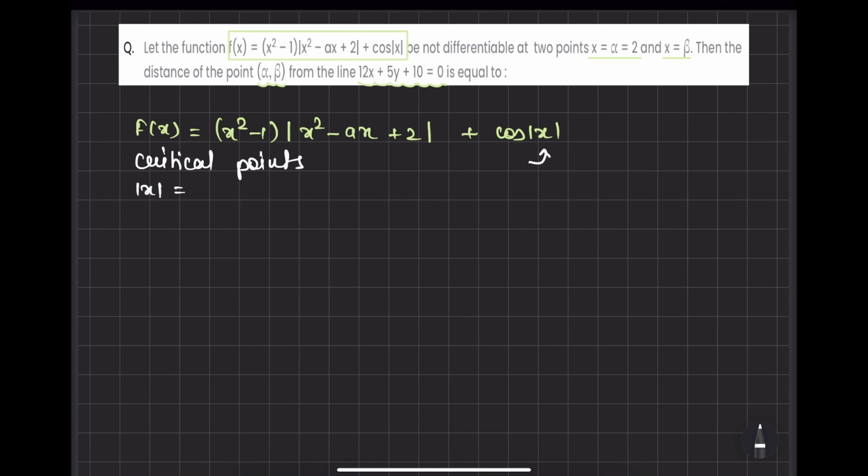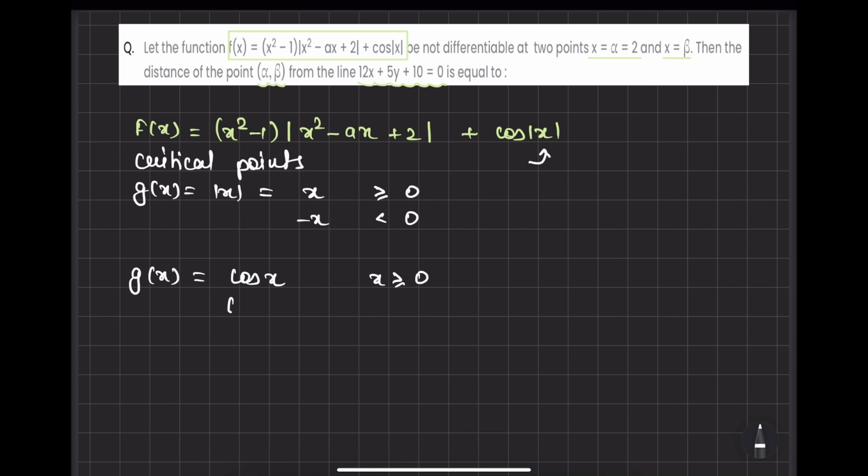And you know that if you are dealing with a function, suppose g of x equals mod x, then mod x becomes x for x greater than or equal to 0, and it becomes minus x for x less than 0, correct? But look at this, just think about the cos. Cos of x for x greater than or equal to 0 will behave the same.